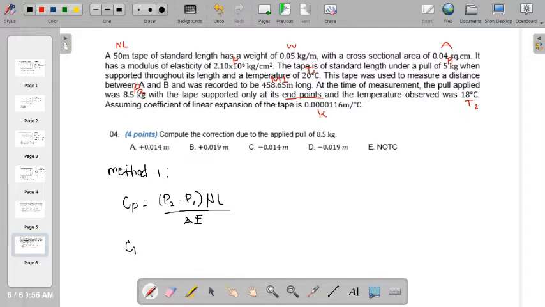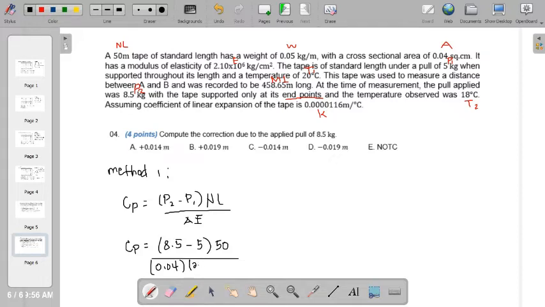Okay, now C sub P, just substitute values. Where is our P? This is 8.5 minus P sub 1, which is 5, times the nominal length, which is 50, and then all divided by the cross-sectional area, which is 0.04, multiplied by the modulus of elasticity.